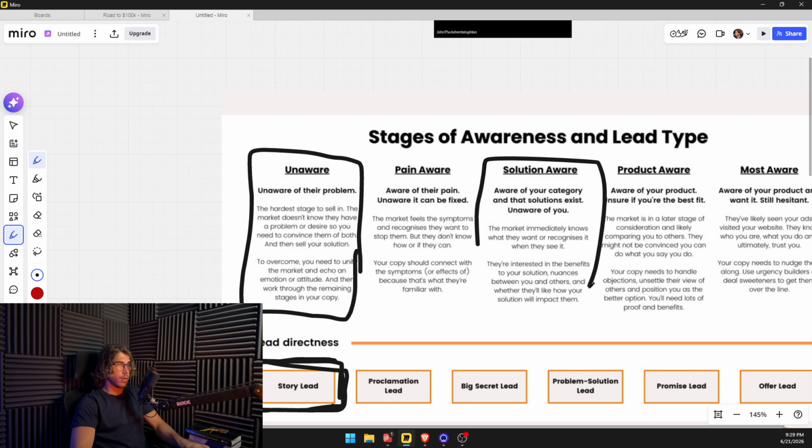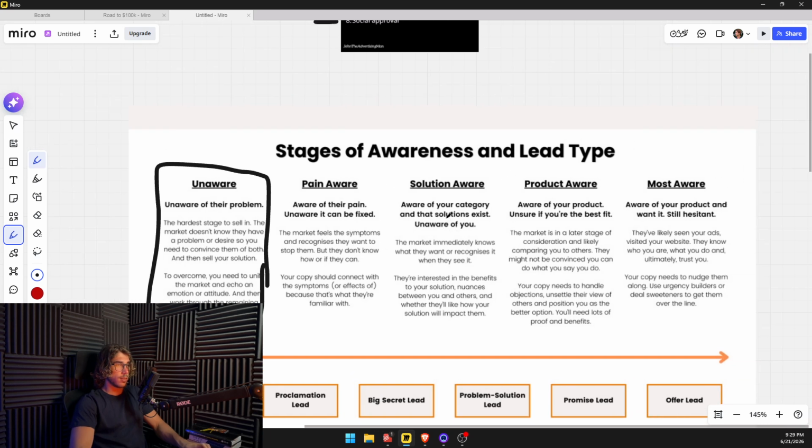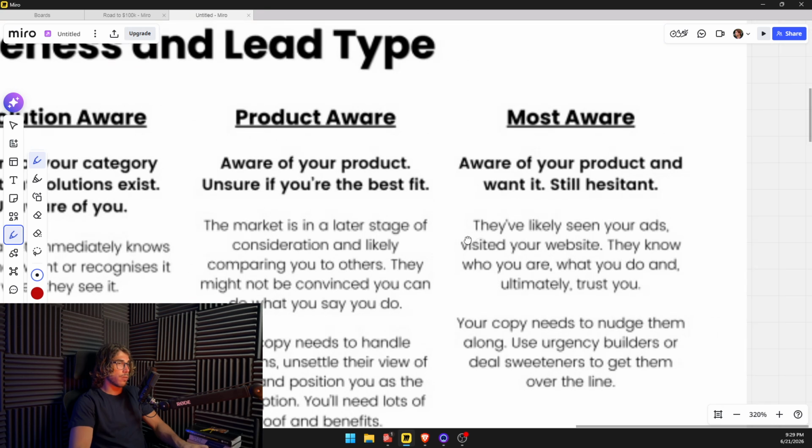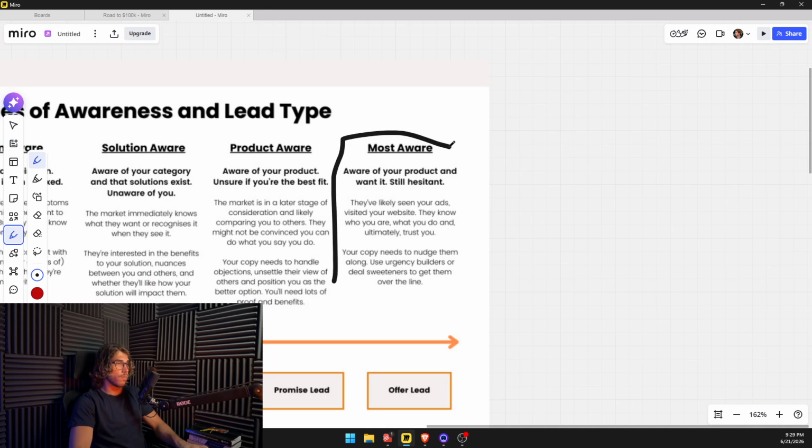Then solution aware would be, oh, is it networking events? Actually, let me just try to create a space for founders. Oh, great. So now there are all these founder spaces where entrepreneurs just hang around. What is the best founder space? And then most aware is like you've convinced them your founder space is the best.